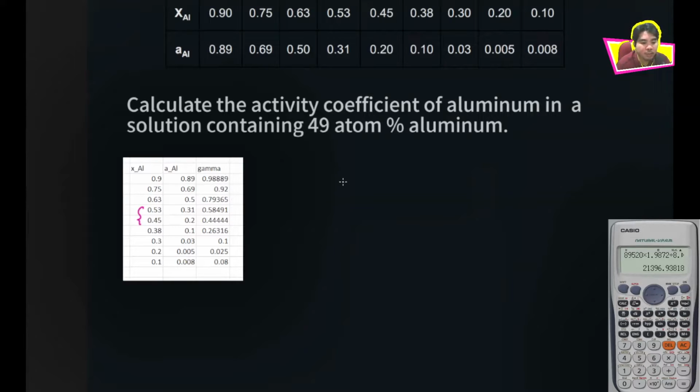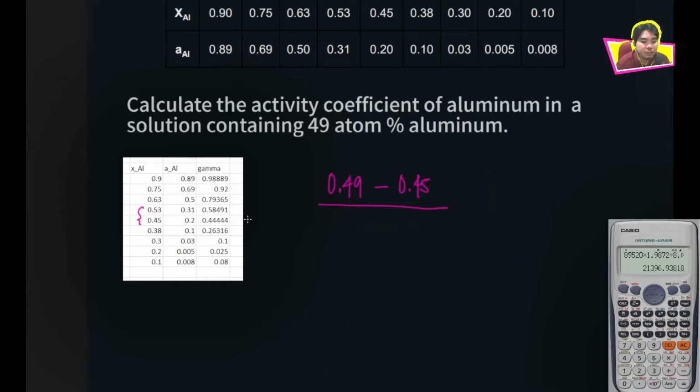So, ang gagawin natin is, we do x 0.49 minus, we can do the high end or the low end. 0.49 is straight in the middle, no? So, let's just do 0.53. Or sige, pwedeng 0.45 para puro positive.